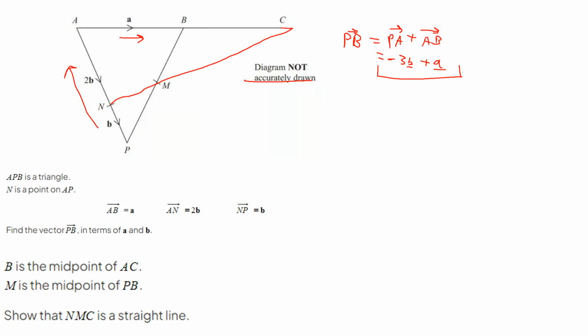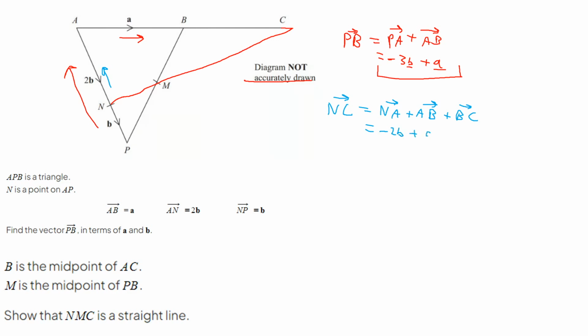The first thing we're going to do is work out what N to C is. That just makes a lot of sense. So N to C is going to be what? We need to go from N to A, and then from A to B, and then from B to C. N to A is the opposite of A to N, so it's going to be minus 2b.